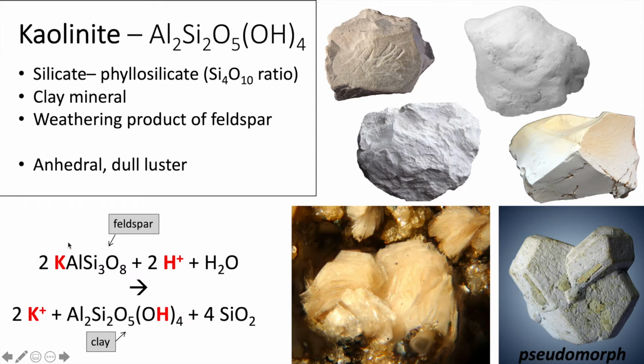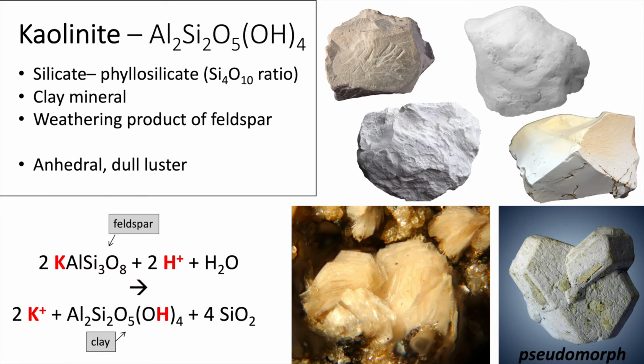So essentially we're interacting feldspar with slightly acidic water, and we're essentially switching the positions of that potassium and that hydrogen. And so what that means is that instead of having this hydrogen dissolved in the water, we end up with potassium ions dissolved in the water and some silicon atoms dissolved in the water and some hydroxyl ions that are built into that mineral structure.